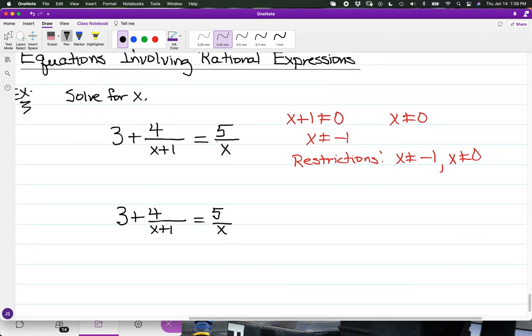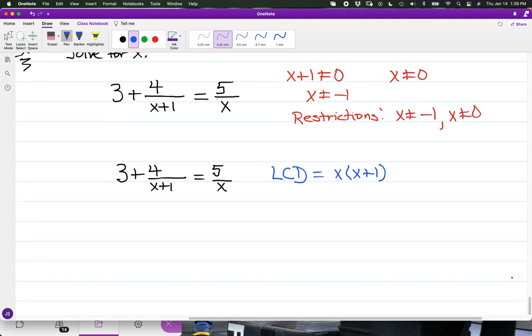Now for what we have here, we can clear out the fractions with the least common denominator. The least common denominator is going to be the product of x and x plus 1. If we multiply all the terms out by x and x plus 1, just for starters, we have 3 times x times the quantity x plus 1.